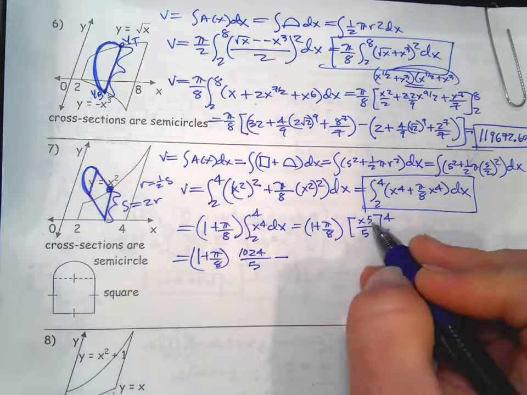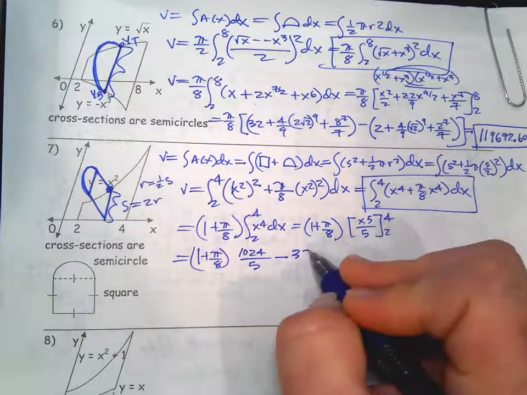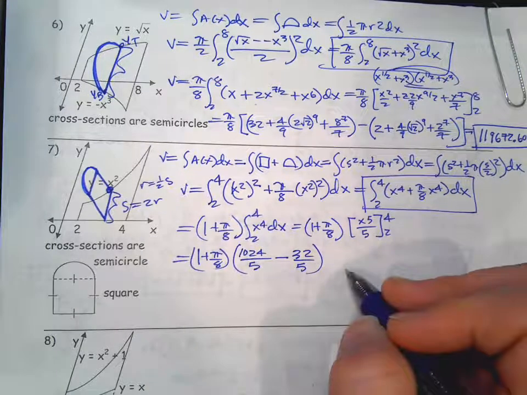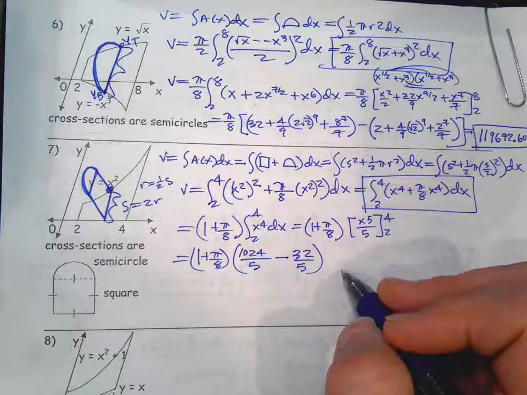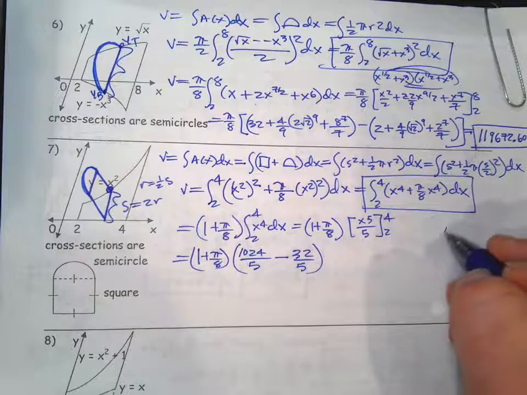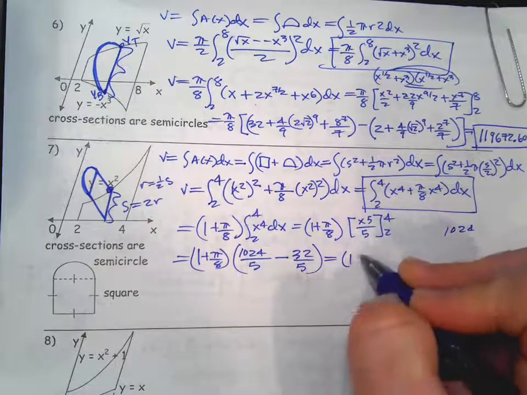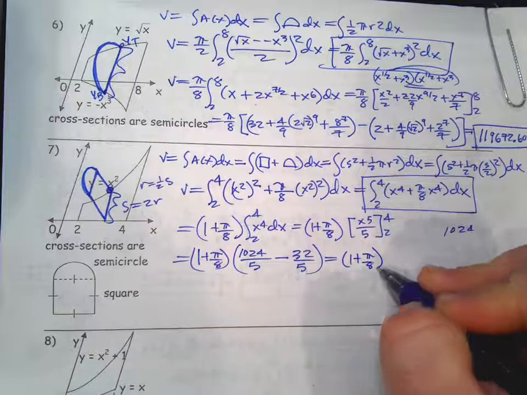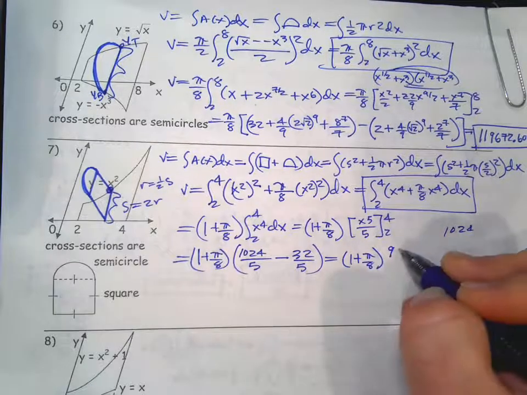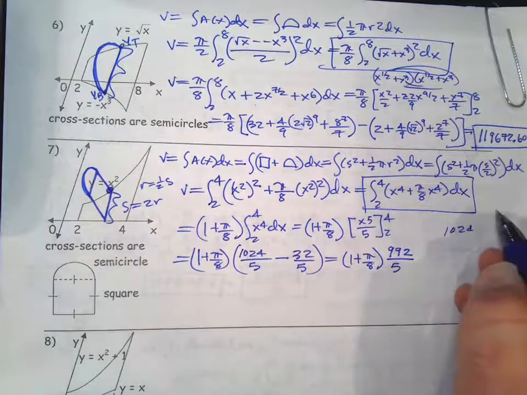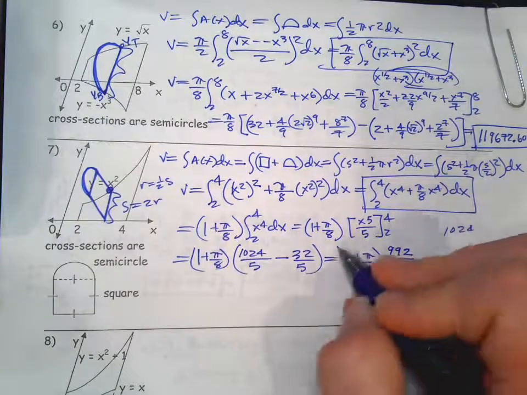And that's going to be 8, 16, 32. All right. And we could take it further. So 1024 minus 32 is going to be 992 over 5. So I mean, this could be our answer.